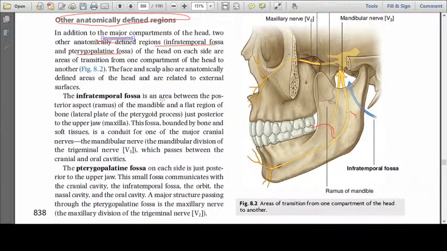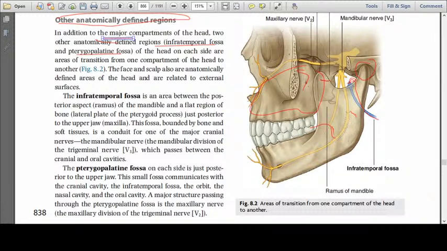The infratemporal fossa is an area between the posterior aspect of the mandible and a flat region of bone, the lateral plate of the pterygoid process. It is obviously at the posterior aspect of the mandible, as this figure shows. It is just posterior to the upper jaw; in this figure, this one is the upper jaw.